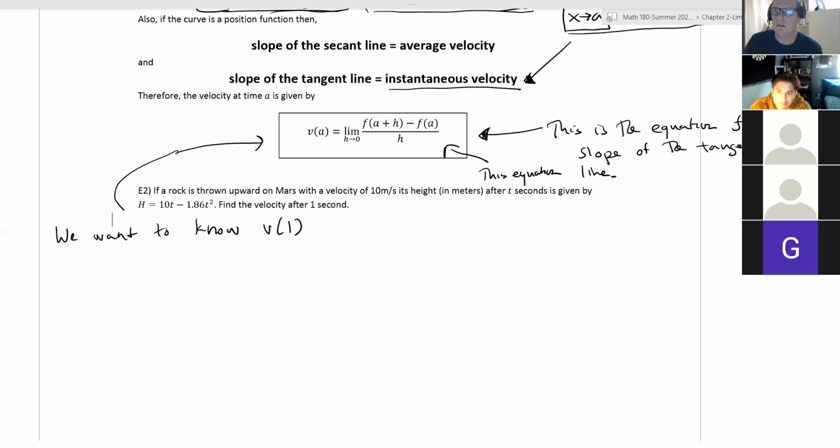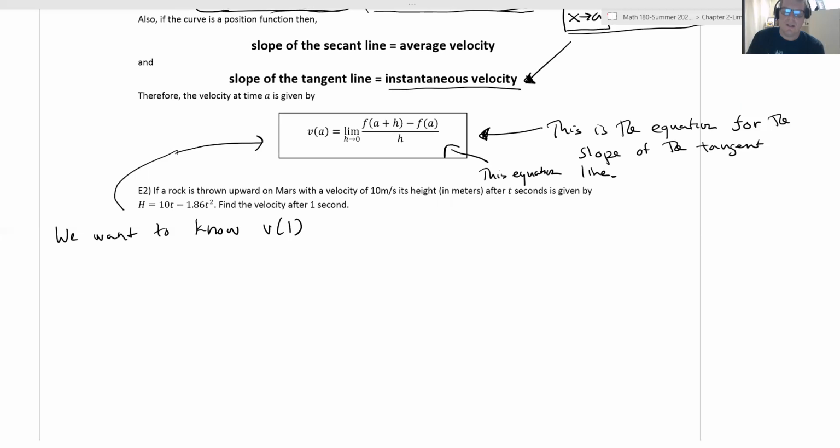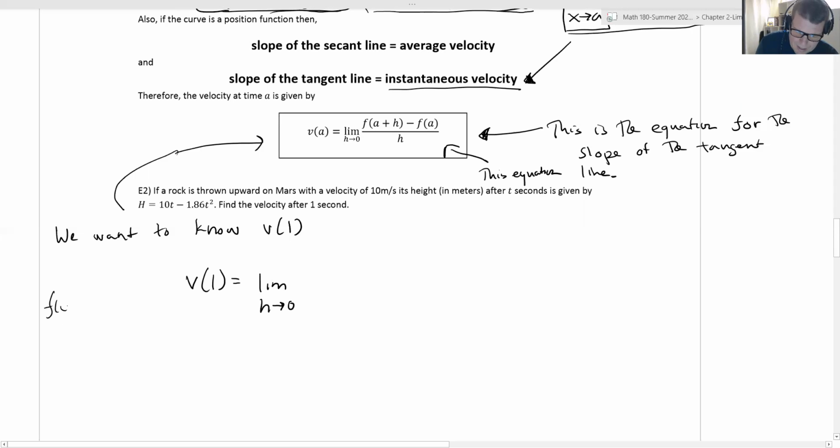All right. So that's what we're looking for. We're going to have v of 1, and we're going to find the derivative of h. We're going to do that by taking the limit as h approaches 0, and our f of x is h. F of x is equal to h, which equals 10t minus 1.86t squared. So this is the limit as h approaches 0 of 10t minus 1.86t squared.